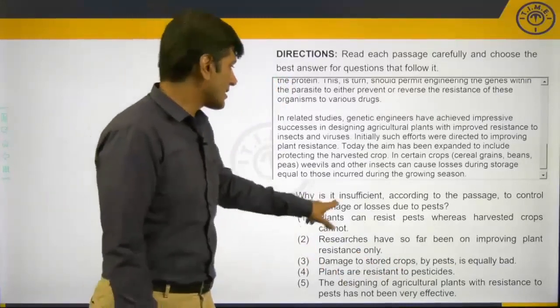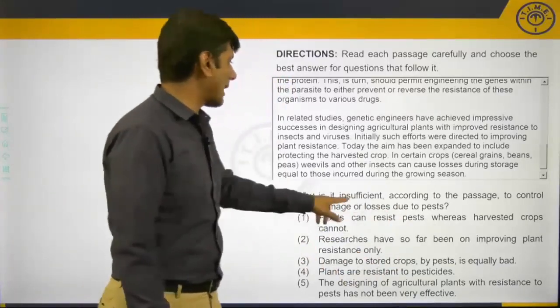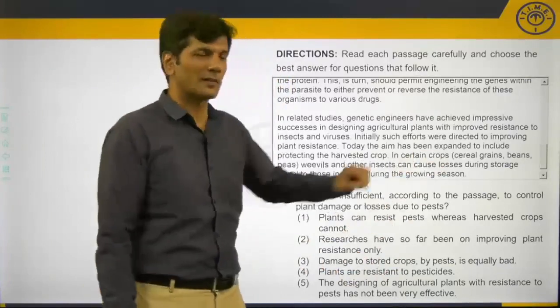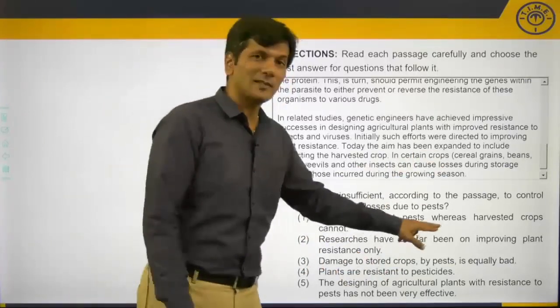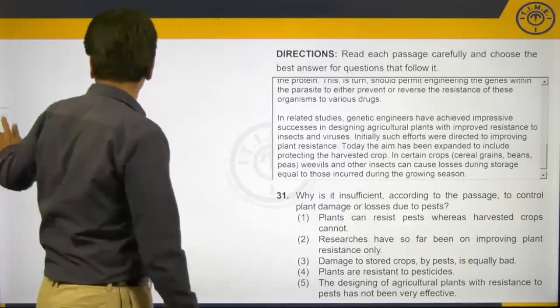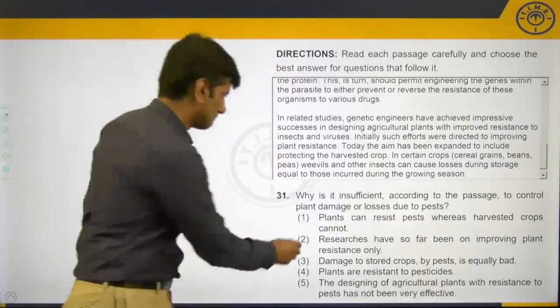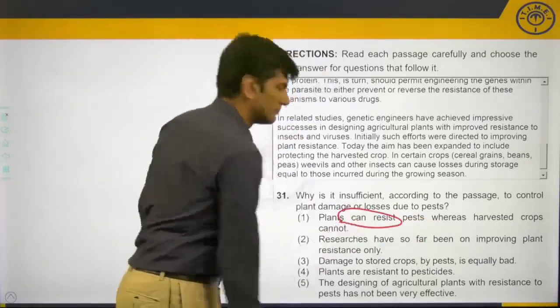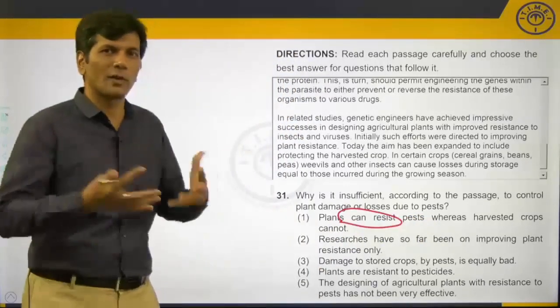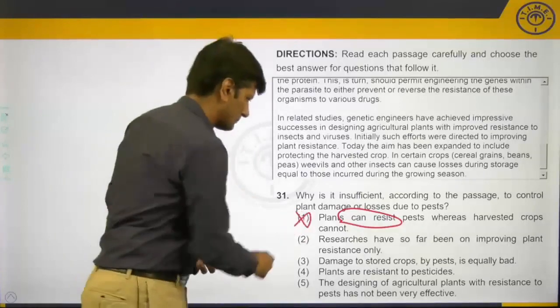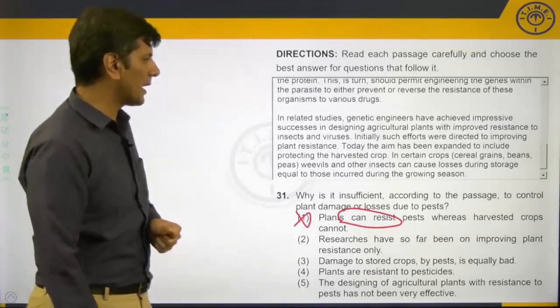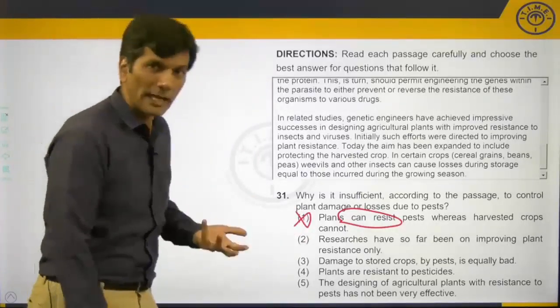Is it because plants can resist pests? Well, that's what makes this answer option incorrect. If plants could resist pests, what was the need for scientists to engineer all these things at all? So we eliminate one.